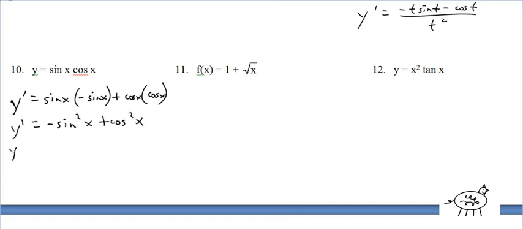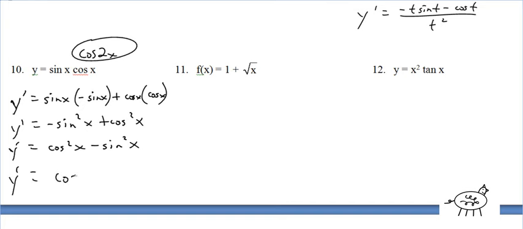Now, I'm going to rewrite this because maybe you can recognize what this is. Cosine squared of x minus sine squared of x. Okay, you guys really should remember some of these identities. This is one of your double angle identities. In fact, this is for cosine of 2x. So that's exactly what it is. Y prime is equal to cosine of 2x.